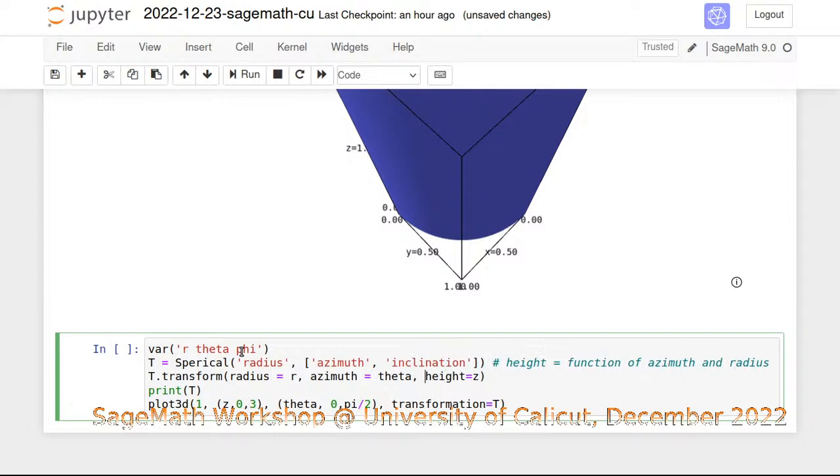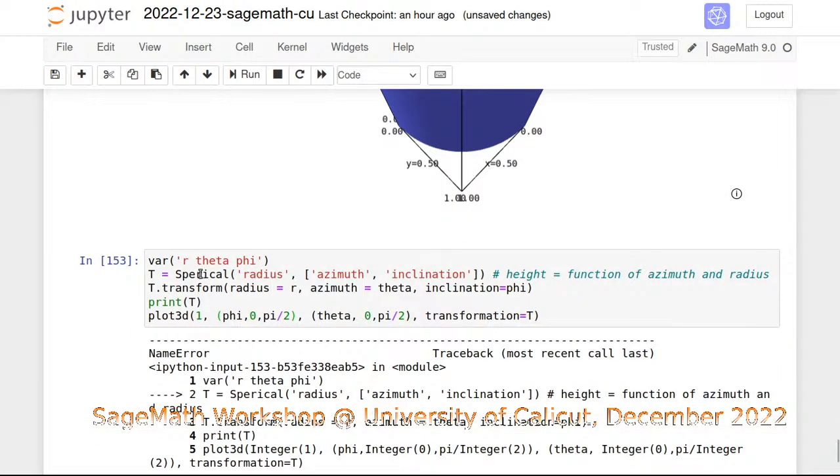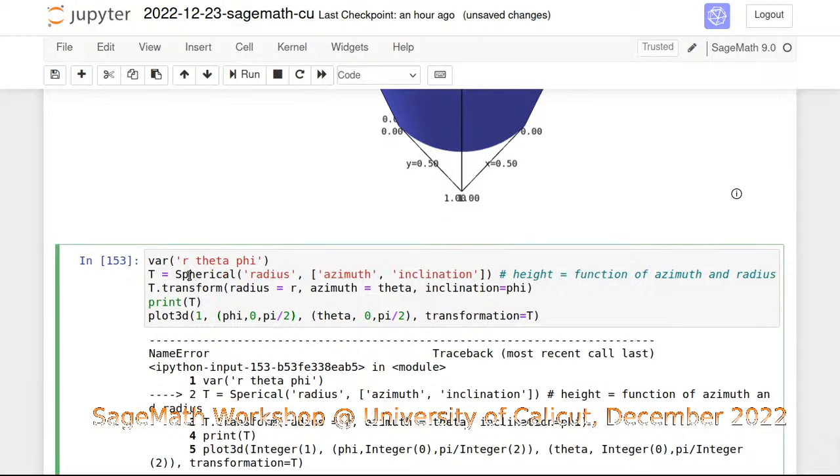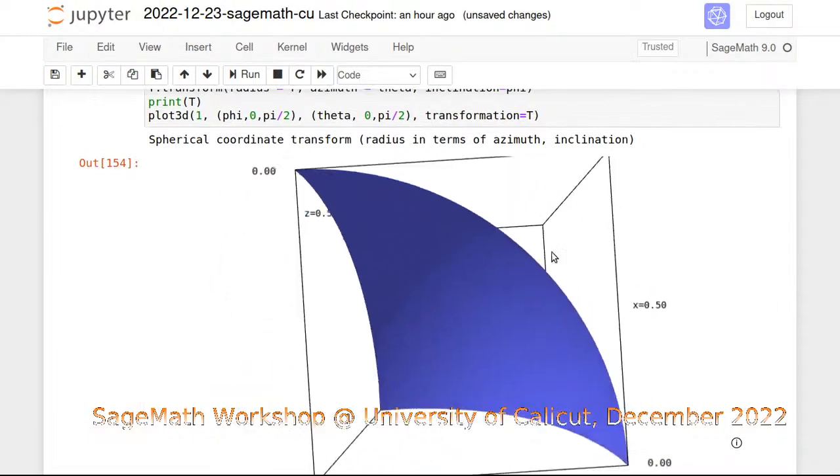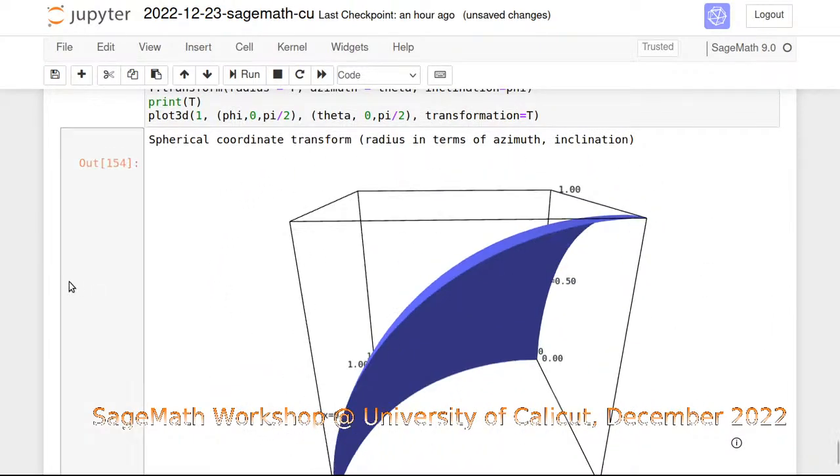So we need to define inclination as phi. Maybe we can ask for 0 to pi by 2. Spherical, spelling is wrong. Sorry. This is what we get from here.